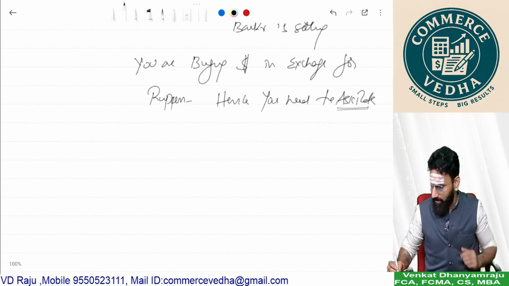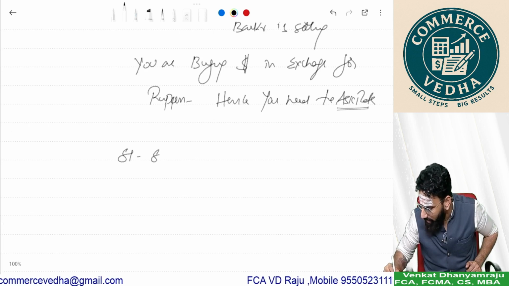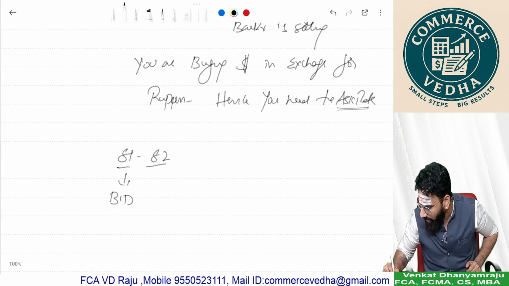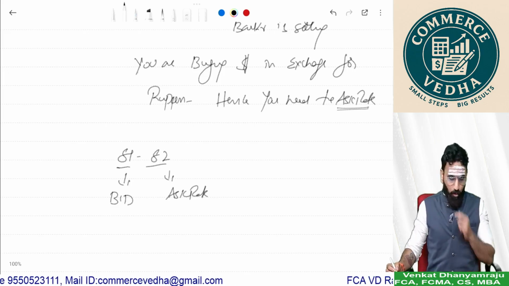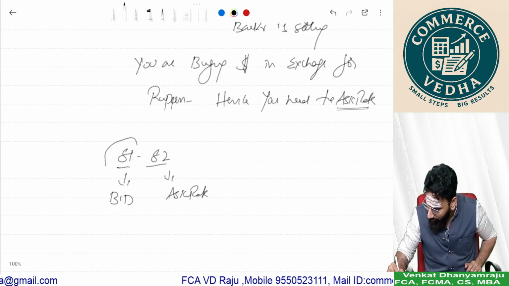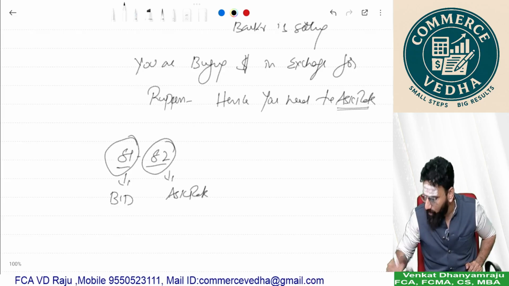Generally bid and ask is like this. I'll say 81 and 82. This is the bid rate and this is the ask rate. It shows if the banker wants to buy, he'll buy at 81, and if you want to buy, you should buy at 82.